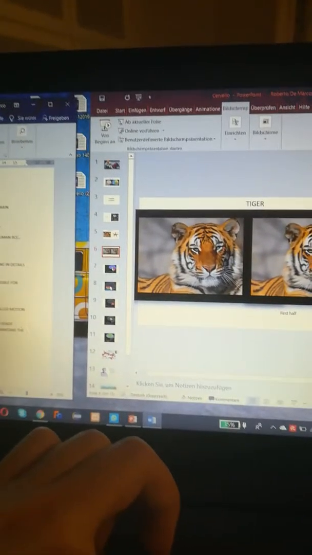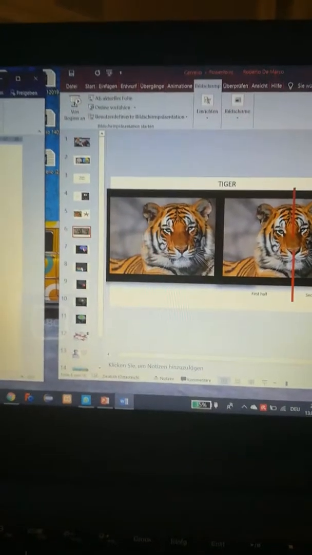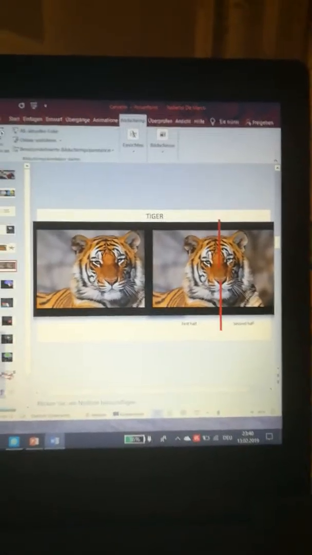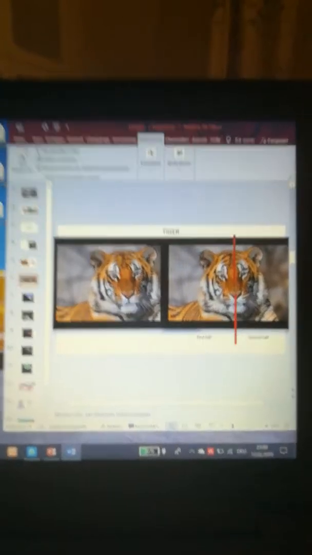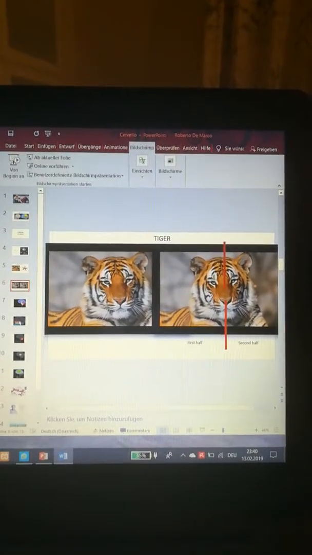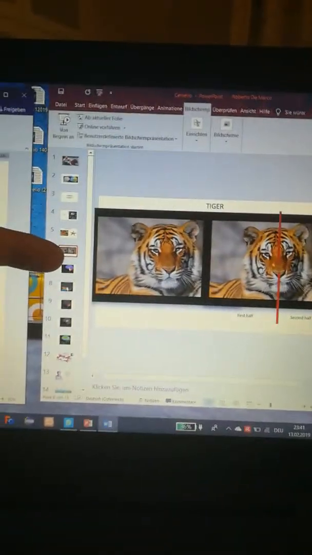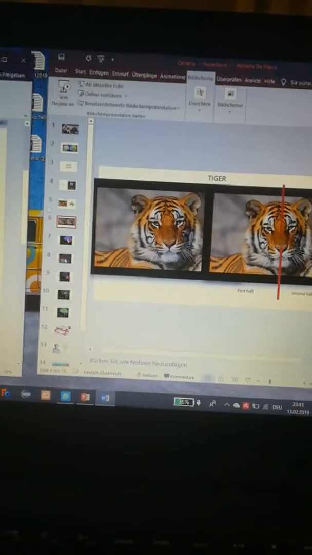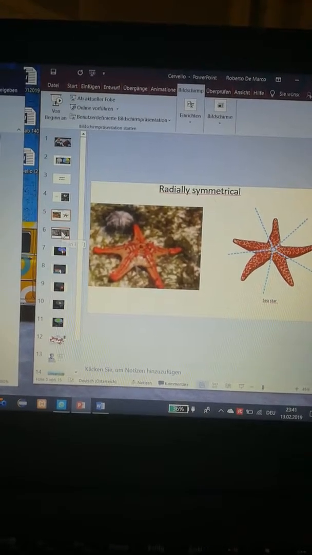Excuse me, brain, okay. So we should imagine a red line dividing the brain in two parts, a left one and a right one. Here we say only symmetrical and not, as said before, radially symmetrical.